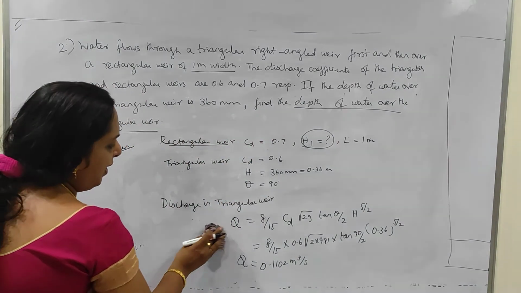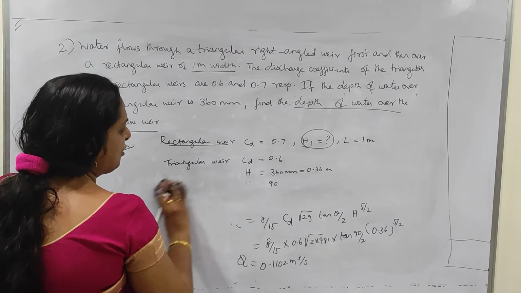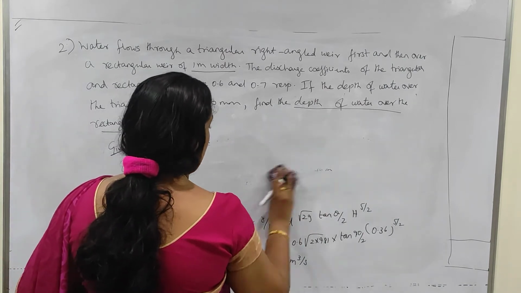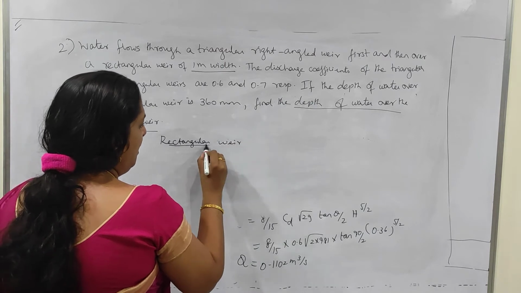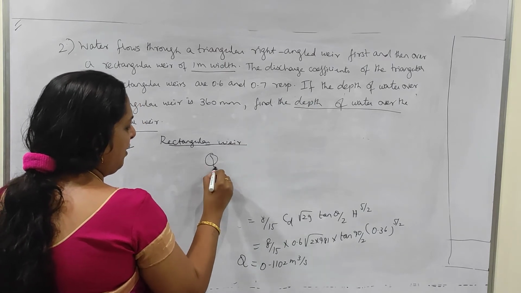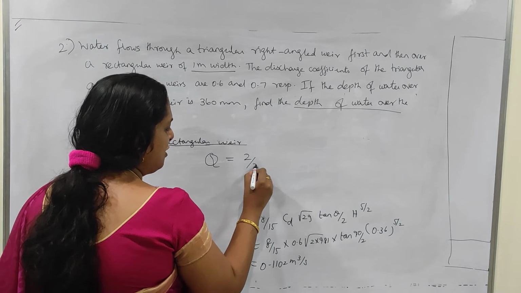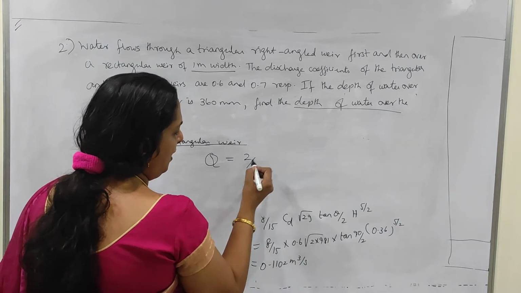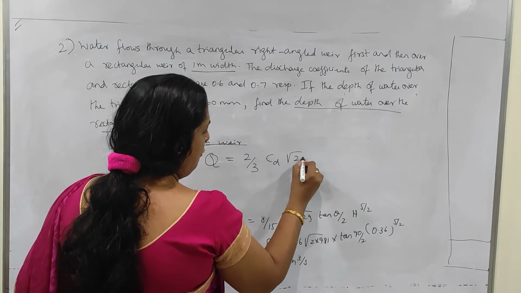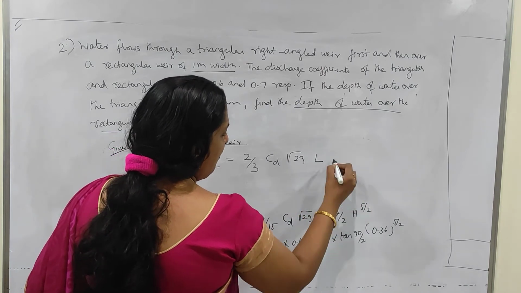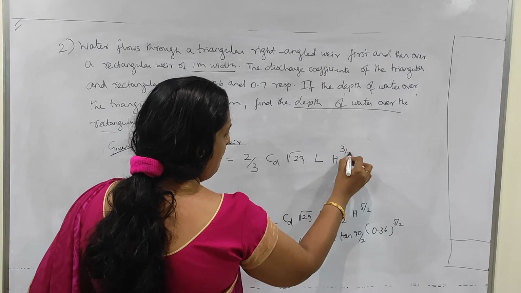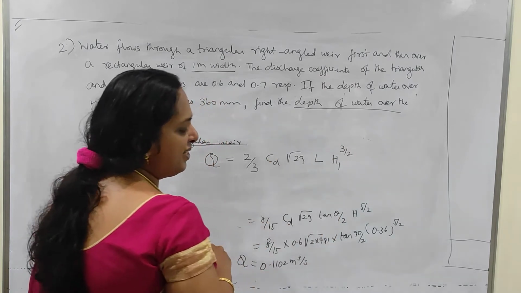So what is my discharge formula in case of my rectangular weir? We have seen the discharge formula in case of my triangular weir. So what is the discharge formula in rectangular weir? It is 2 by 3 instead of 8 by 15, 2 by 3 CD root 2g into, instead of tan theta by 2, I have to give L. Instead of h to the power of 5 by 2, I am giving h to the power of 3 by 2. Here I am taking that h as H1.